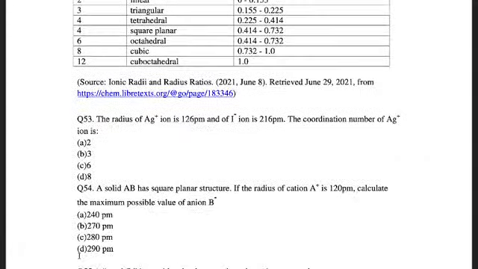A solid AB has a square planar structure. If the radius of cation A+ is 120 pm, calculate the maximum possible value of the radius of anion B-. Option A 240 pm, option B 270 pm, option C 280 pm, option D 290 pm. Correct. The answer is option D, 290 pm.